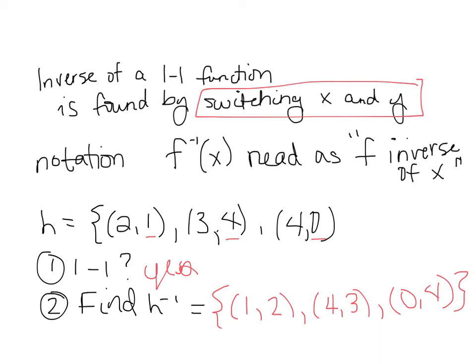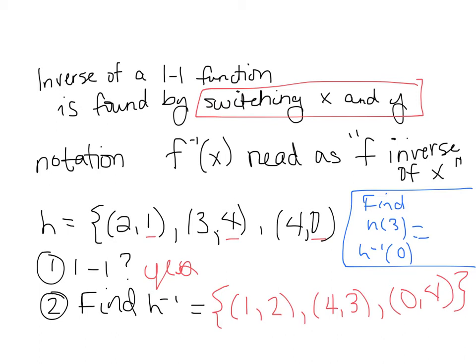The last thing that we can do, and I'm going to use a little bit of space right here, is I can ask us to find h of 3 and h inverse of 0. If we want to find h of 3, this is asking us to go and look at the h function right here and look at what happens when x is 3.